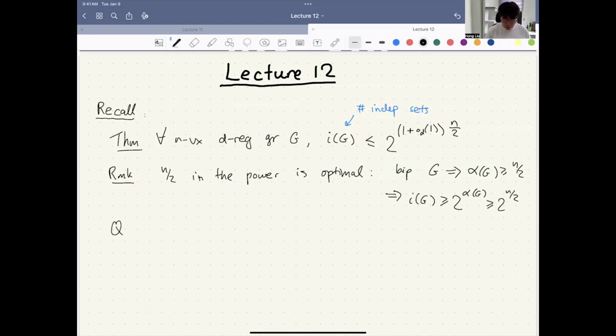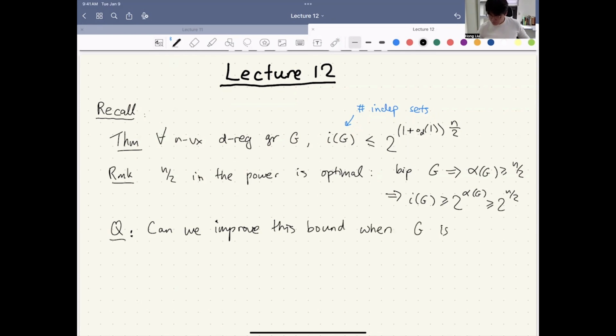So a natural question is, can we improve this bound when G is far from bipartite?